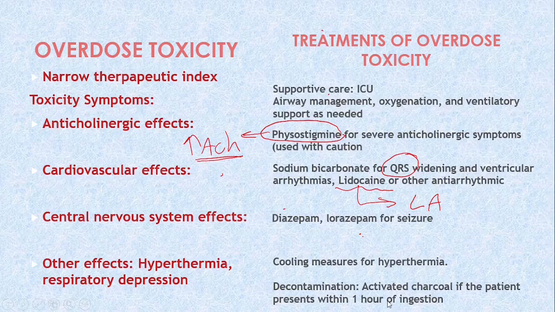This is done only if the ingestion is recent, if the person took the overdose less than 1 hour ago. Activated charcoal will prevent further absorption of the tricyclic antidepressant.